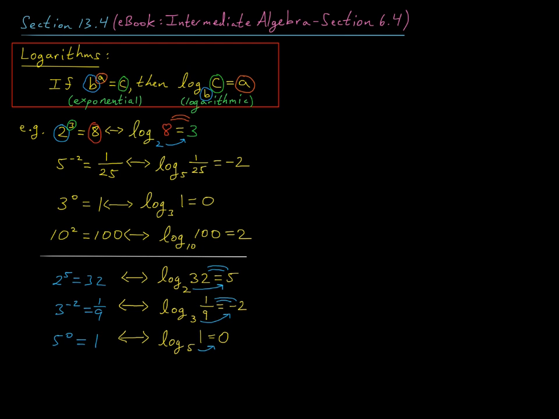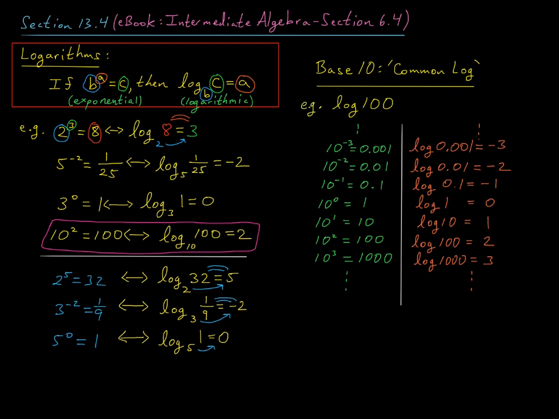The next thing I want to highlight here is that when the base of the logarithm is 10, there is a convention to drop the base of 10 when you write out the notation. So base 10 sometimes is referred to as the common log.